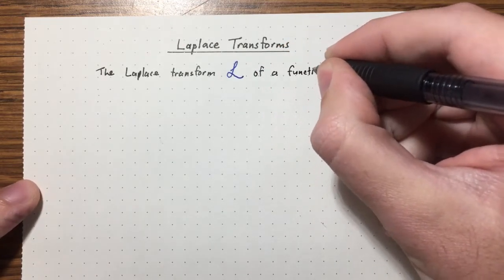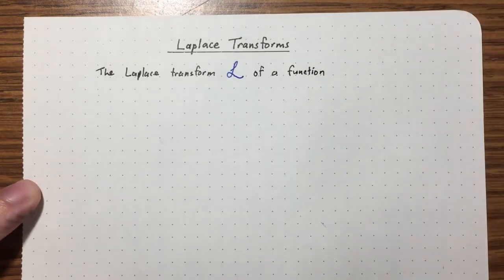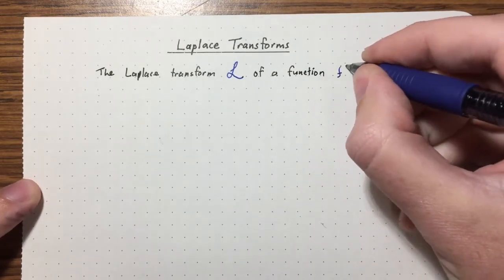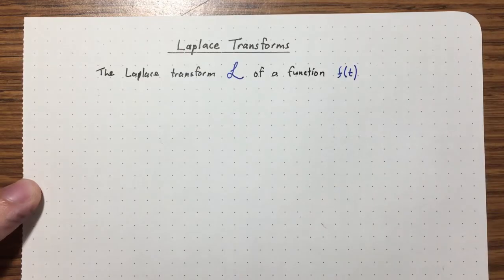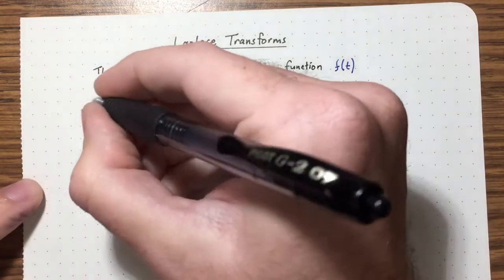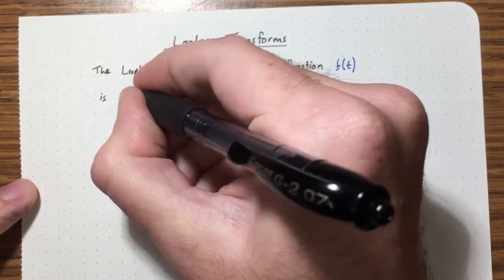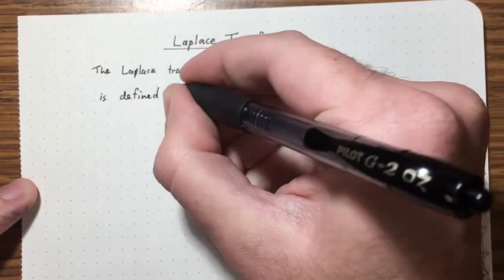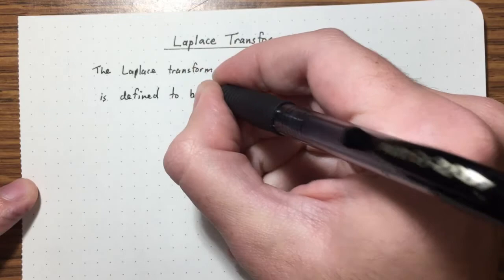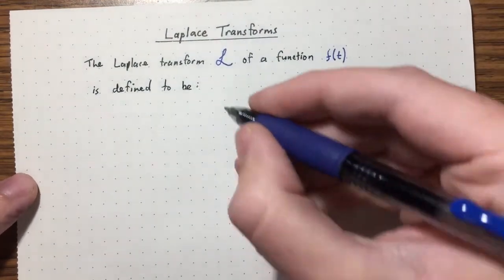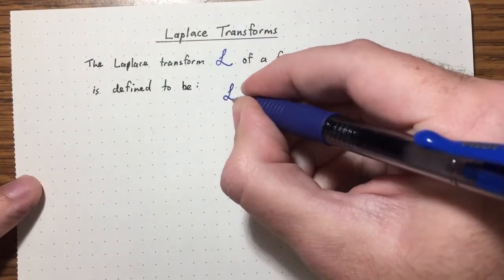The Laplace transform of a function, let's say a function of t, f of t, is defined as follows.